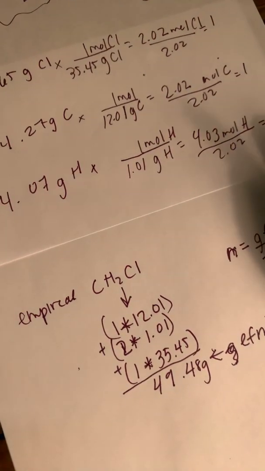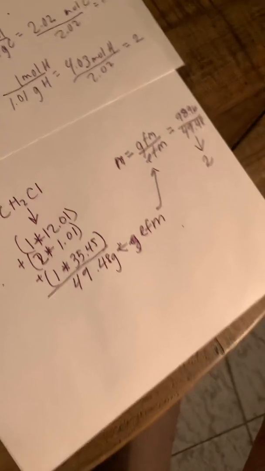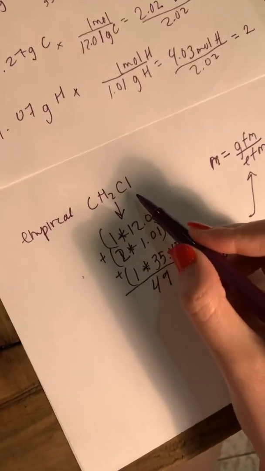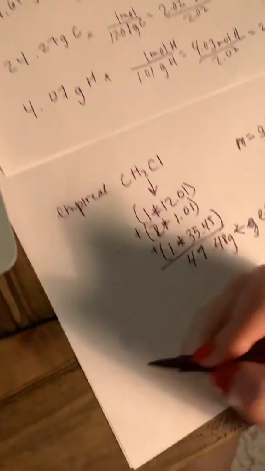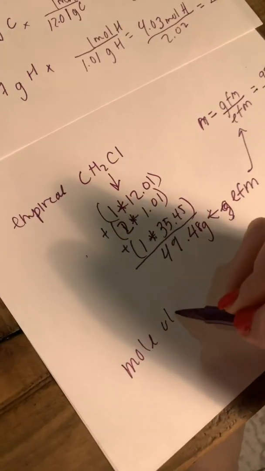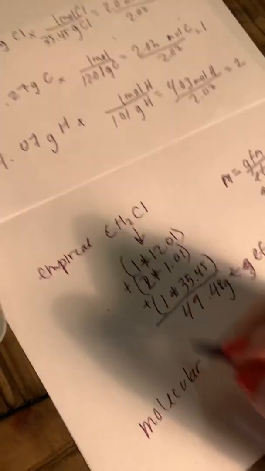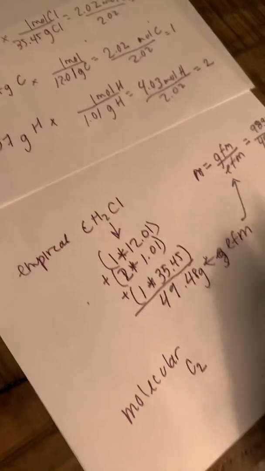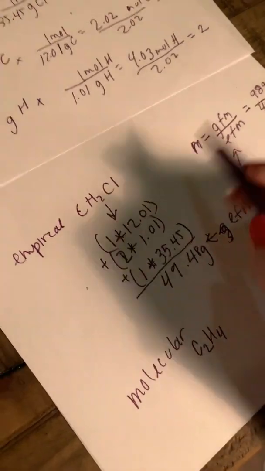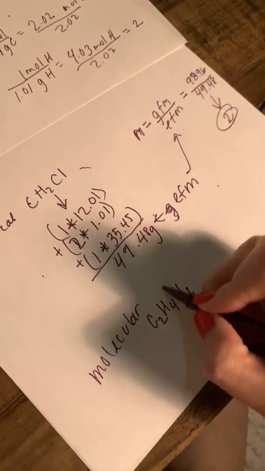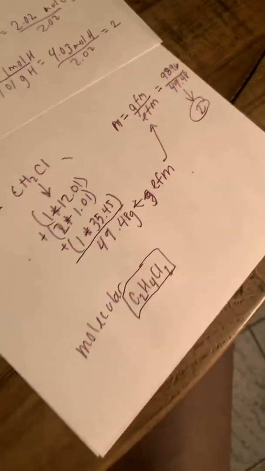When you divide it, this equals 2. Right? So you're going to take your empirical and multiply it by that factor. So now your molecular is 2 times carbon, so 2 times 1 is 2, so you should have C2. Hydrogen times the factor, so 2 times 2, the subscript, is 4. And your chlorine, it has a 1 times your factor 2, it should be 2. Right, so that is your molecular formula.